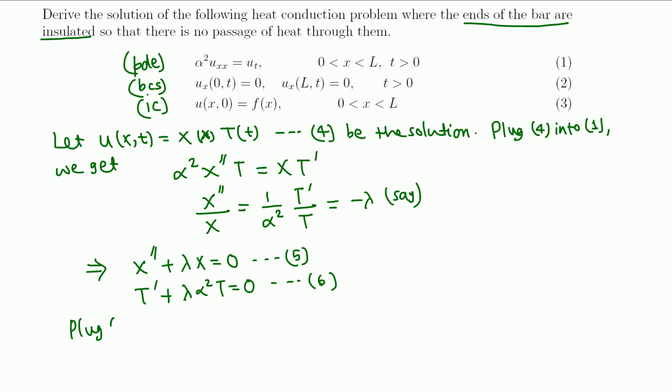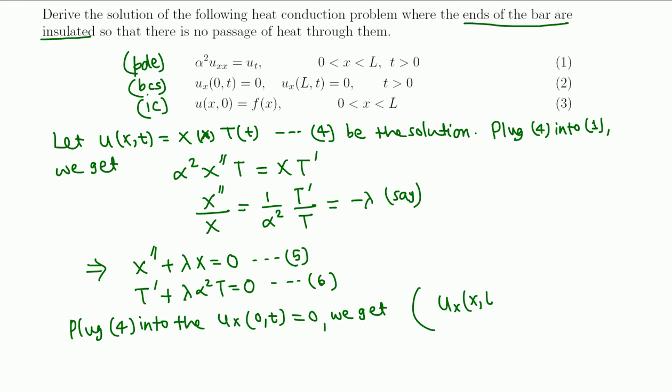Plug the assumption 4 into the boundary conditions, that is u_x(0,t) equals 0. Note that to plug 4 into this, we need to find the partial derivative of 4, because this is only u, but our boundary condition is u_x, so we need to find the derivative with respect to x.